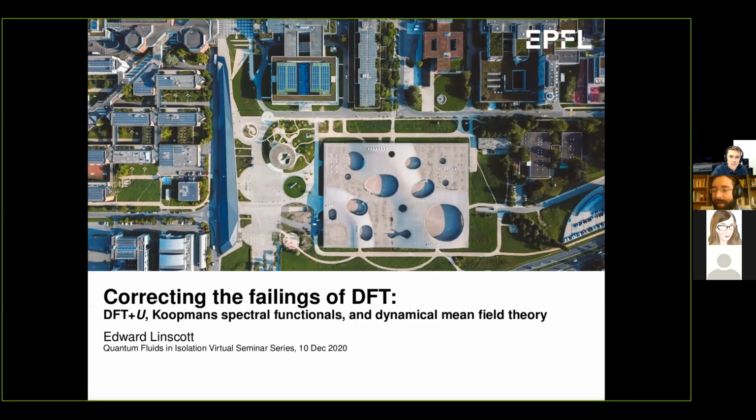He completed his PhD in 2019 from the University of Cambridge, and from November 2019 to present, he's been a postdoc in the group of Nicola Marzari at the Ecole polytechnique federale de Lausanne. He's a recipient of the Douglas D. Crombie Award at Otago in 2013, the Cambridge Rutherford Memorial Scholarship in 2013, and the L.B. Wood Scholarship in 2014. Today he'll be talking about correcting the failings of DFT.